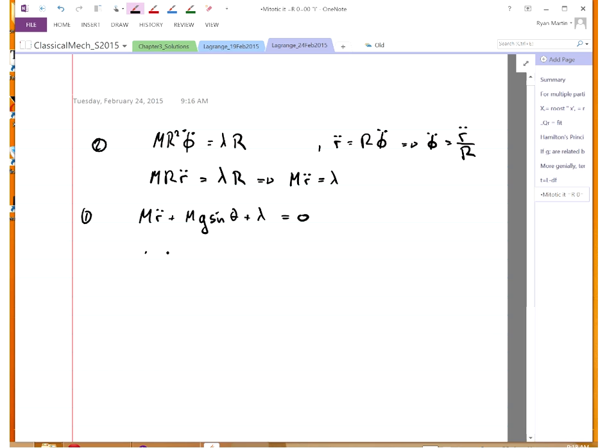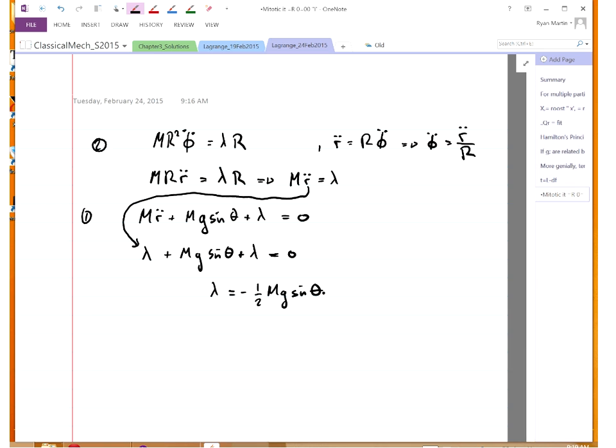So if I put that now into equation 1, I have lambda plus mg sine theta plus lambda equals 0. Okay, so lambda is equal to minus a half mg sine theta.